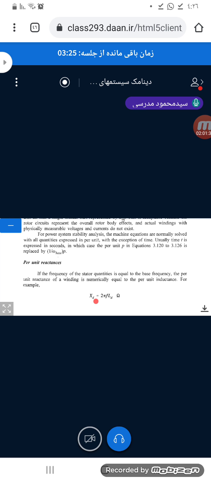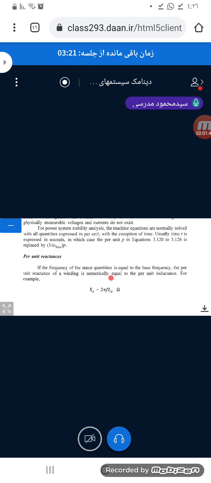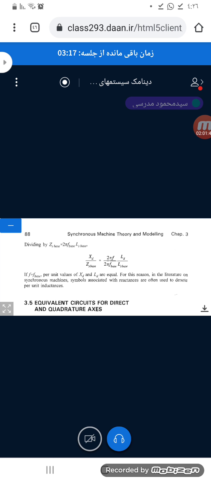For example, XD is equal to 2 pi F multiplied by LD. And dividing by Z base, XD per Z base is equal to F per F base multiplied by LD per L base.